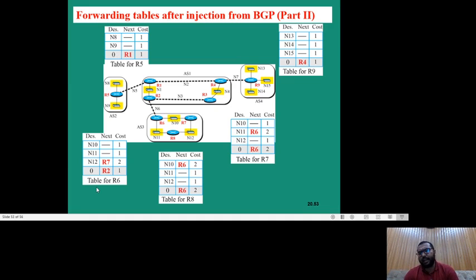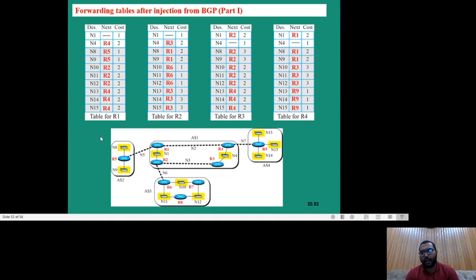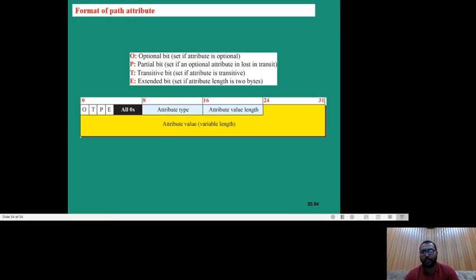So this is the final routing table. If you see R1, R2, R3, and R4, here you see information of every network, and the same goes for the other routers.